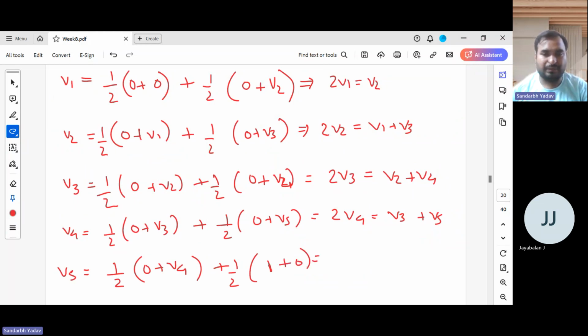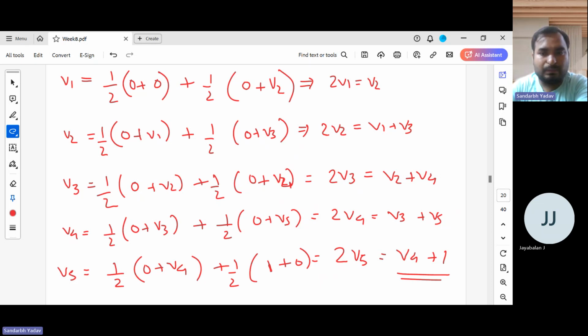So the equation becomes 2V5 equals V4 plus 1. So you have a set of 5 linear equations and 5 variables, which is usually solvable. Now our goal is to solve these equations.